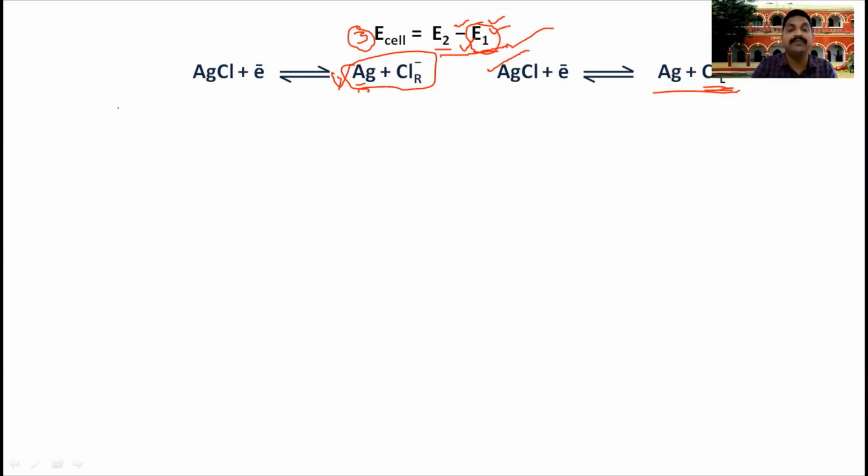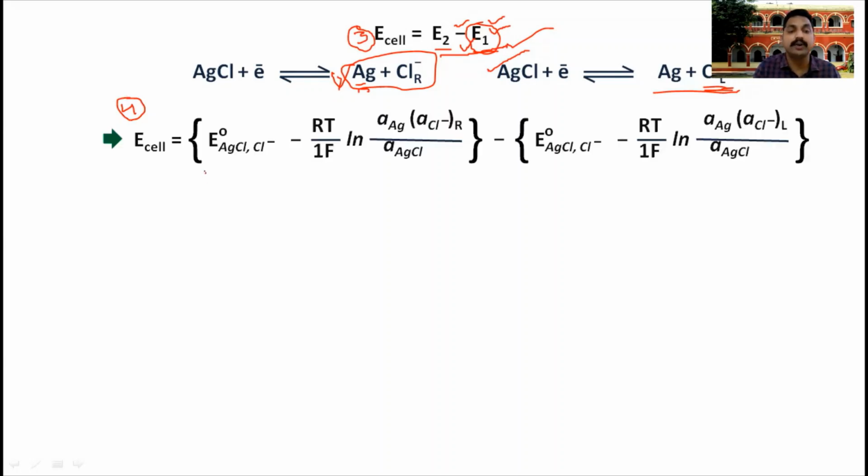Now what will be the fourth step? In the fourth step, by using the Nernst equation, we write E cell. Thus E cell is equal to right hand side reduction potential minus left hand side reduction potential. According to the Nernst equation, E cell is equal to E naught cell minus RT by nF ln concentration of products minus concentration of reactants.